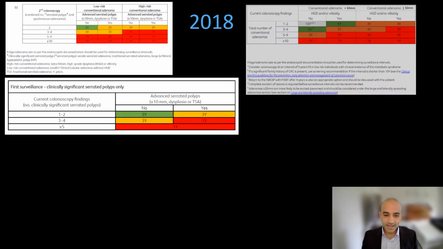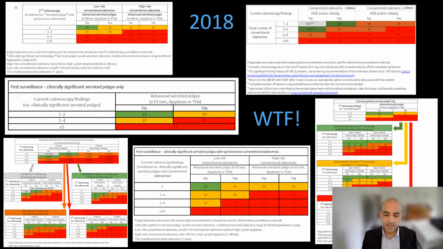However, in 2018, the guidelines were revised. Instead of a one-page flow chart, it morphed into 9 separate flow charts. There are so many flow charts that they don't fit on this one slide. That's because polyps were split into 2 types, as well as the usual size and features.